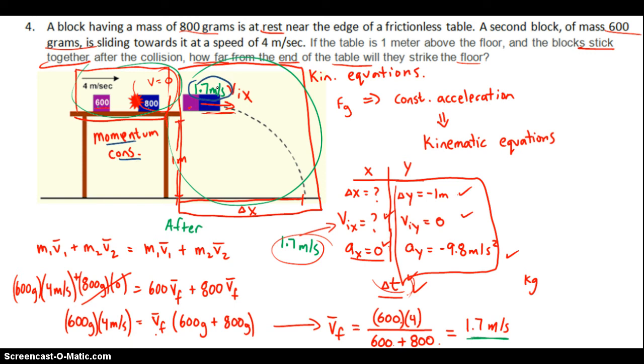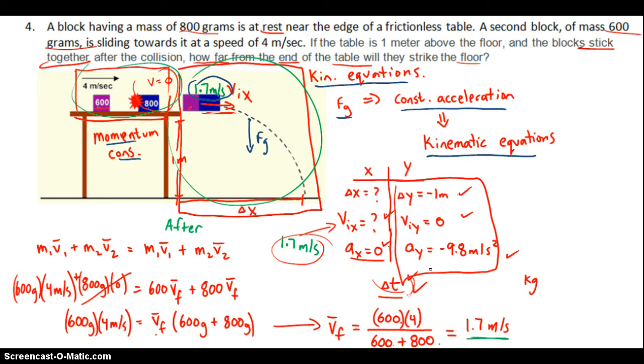Then once I have the speed of the two blocks after the collision, I can use the kinematic equations because the only force acting on these objects is the force of gravity. We have no other forces. If there's only one force, that means it's a constant acceleration. And again, we can use the kinematic equations. So then it turns into a projectile motion problem.